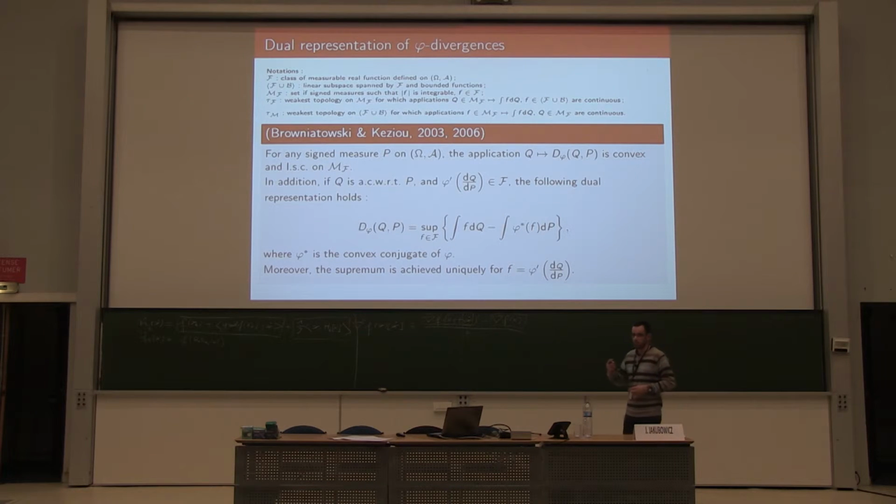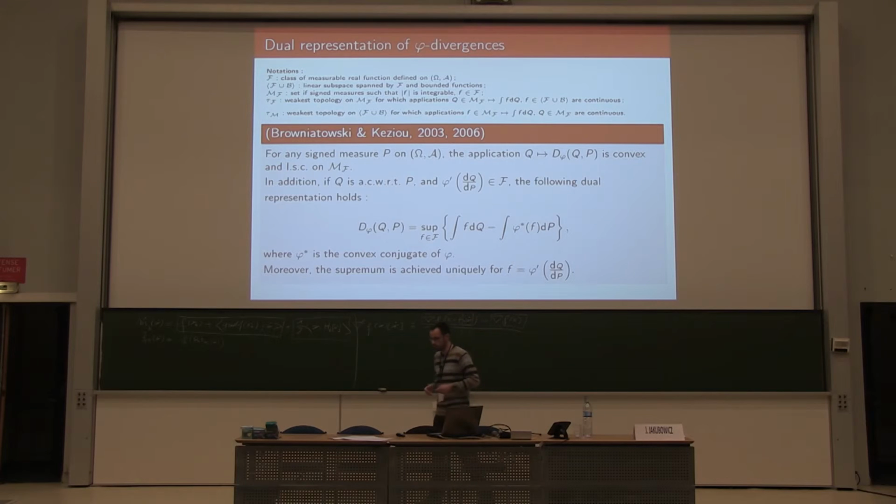The first one is computed with respect to the Q distribution, and the second one with respect to P. And the supremum is taken over a set of functions which contains the functions that realize the supremum, namely the derivative of phi evaluated at the density ratio between Q and P.